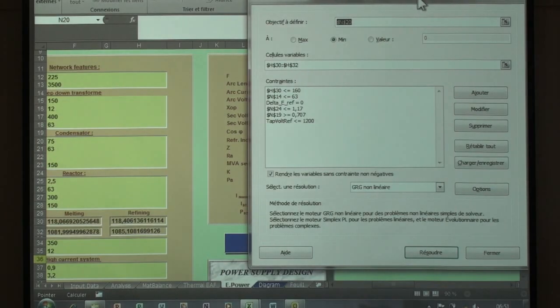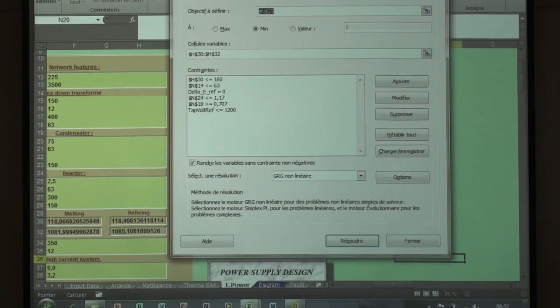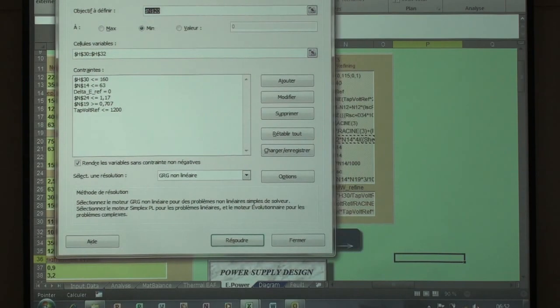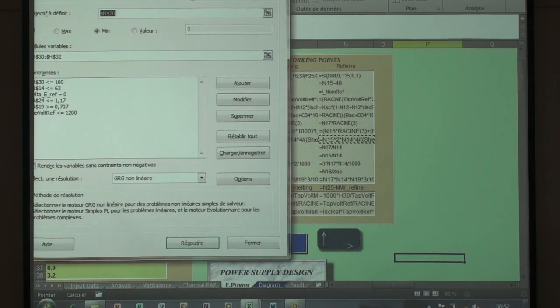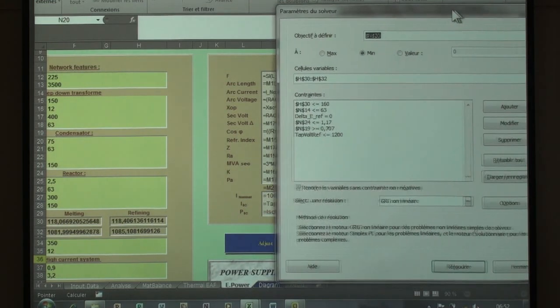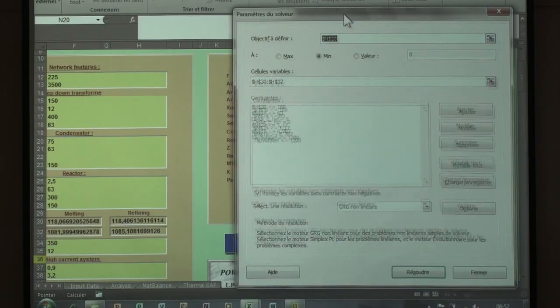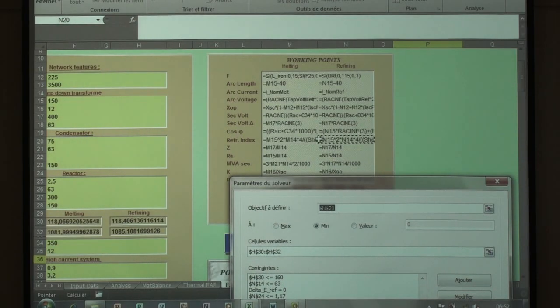So this was the last one, for example. And this is for the refining phase. So N25, you see, N25 means the radiation index.